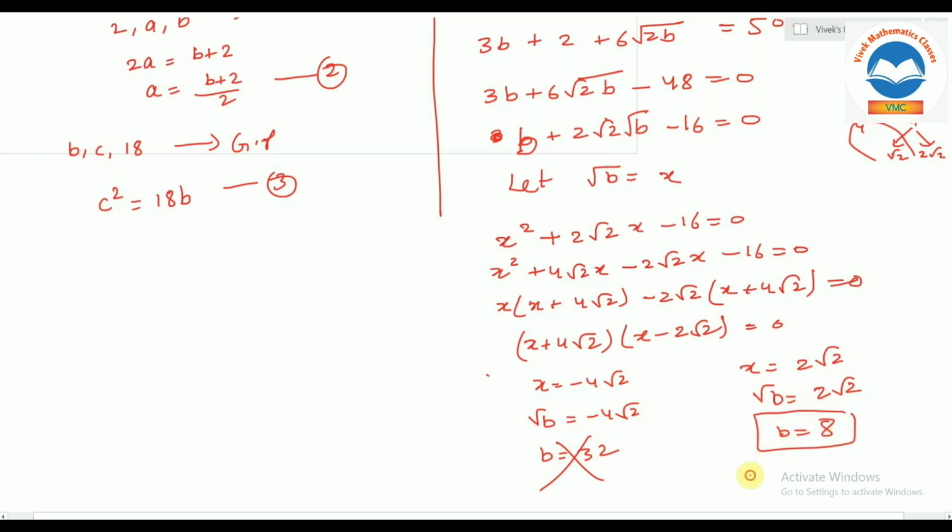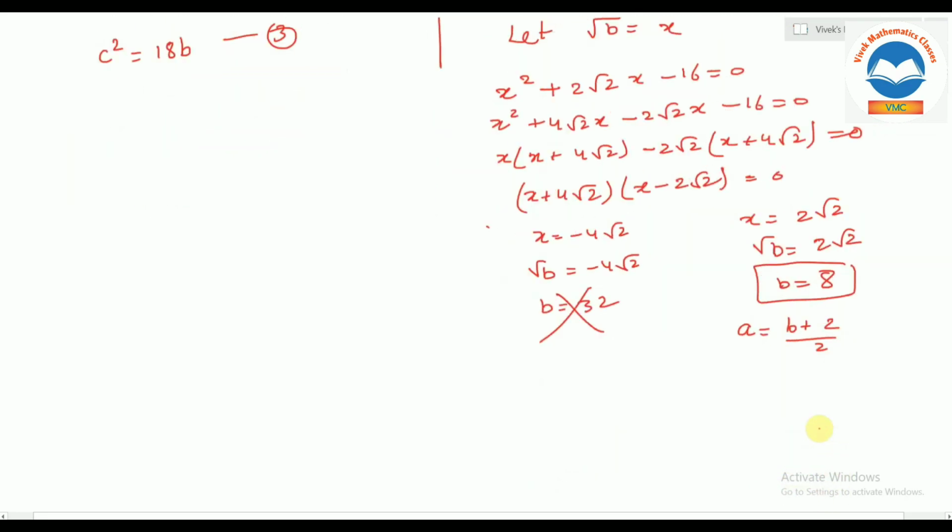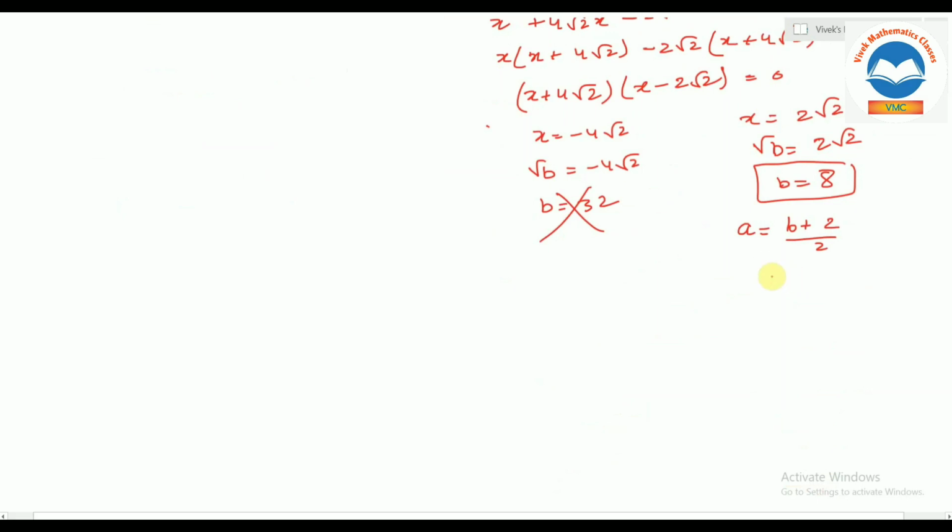So next, what will be A value? A will be B plus 2 divided by 2. Substitute here, so this will be 8 plus 2 divided by 2. This will be 5. A value we are getting is 5. And C value is root of 18B.